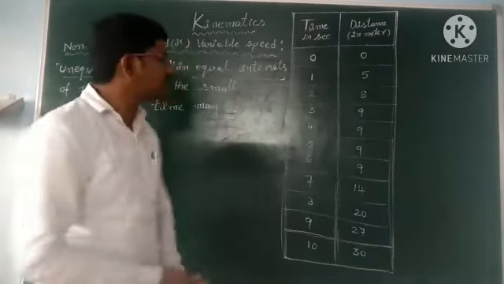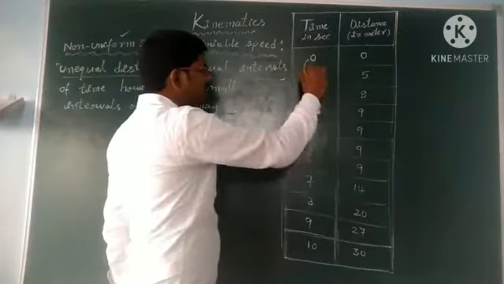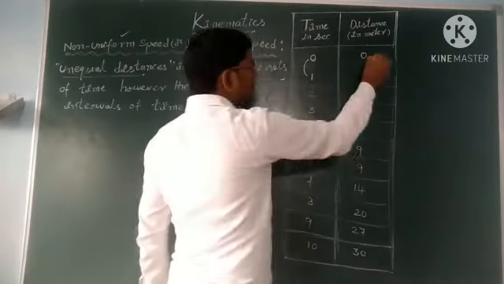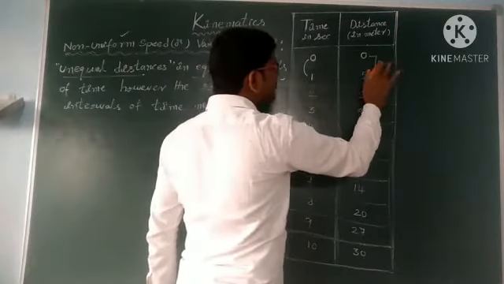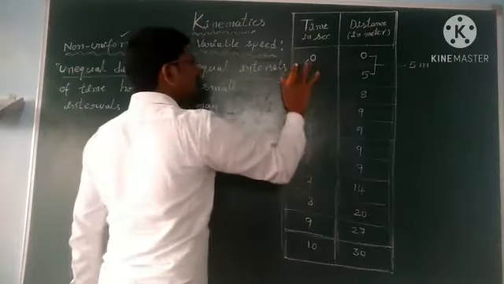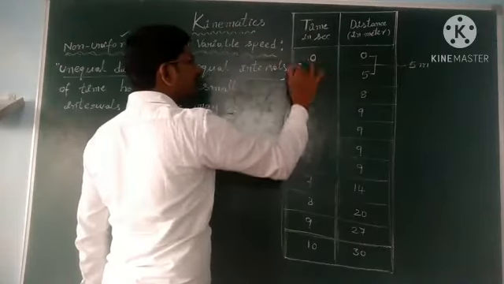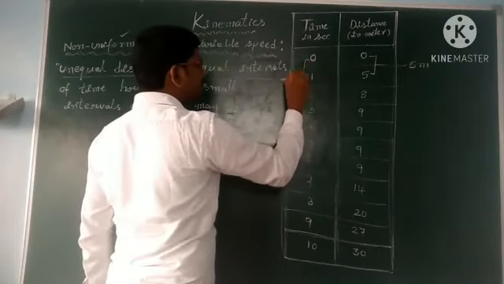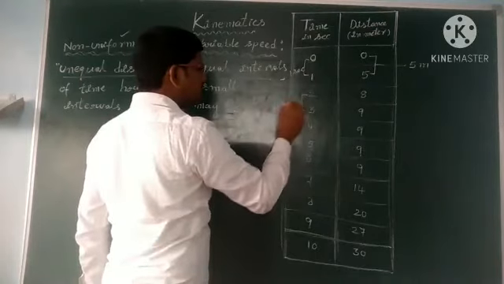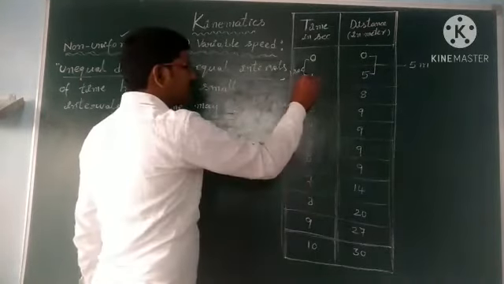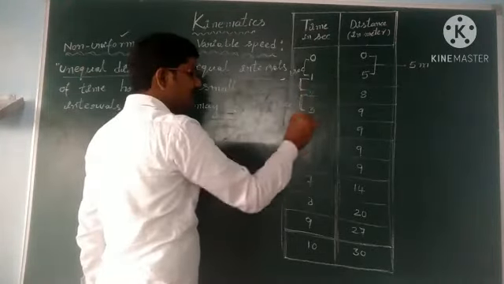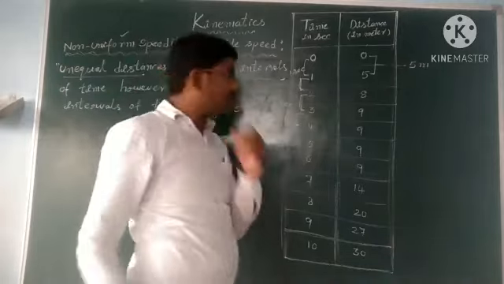Now see the intervals of time. From here to here, the interval of time is 1 second, and the covered distance is 5 meters. Again the next 1 second, and every 1 second, 1 second, 1 second, the time intervals are 1 second.